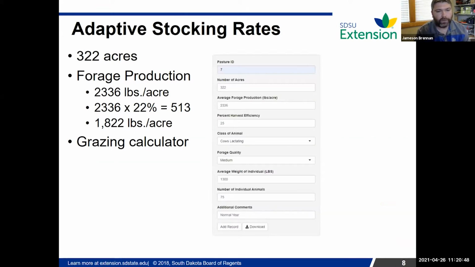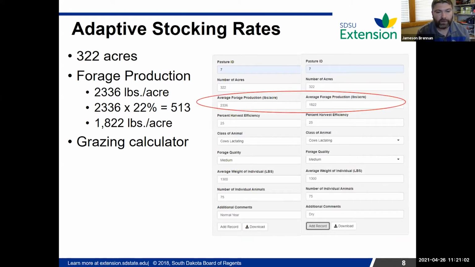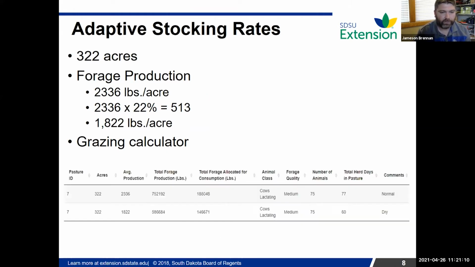And so by inputting a couple things, this is our pasture 7, 322 acres. Here's our normal forage production scenario. And let's say we want to put 75 lactating cows out there. Under the dry scenario, we could then also add in a record for that, 22% reduction in forage, and hit add record, and it just calculates and populates this table for you.